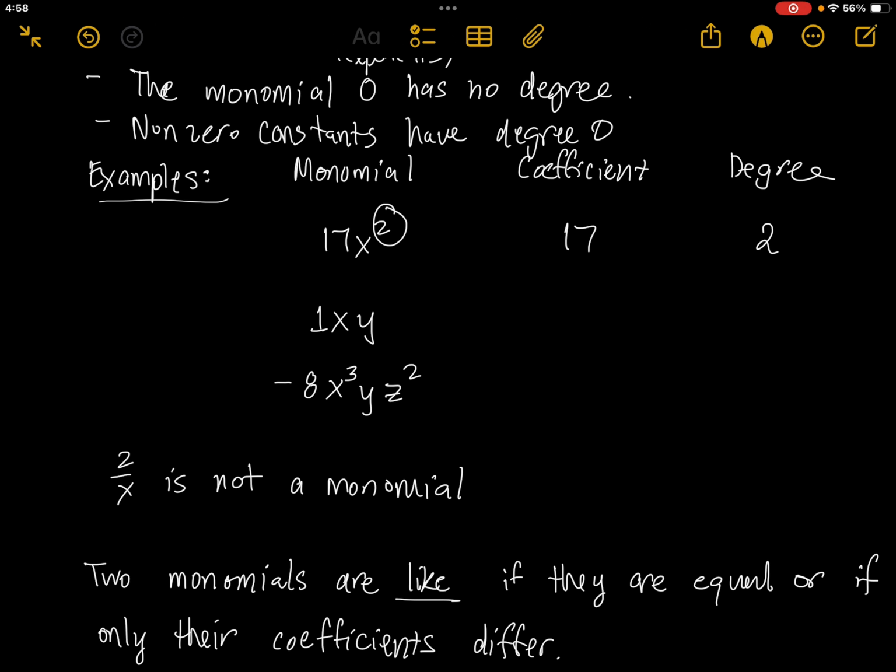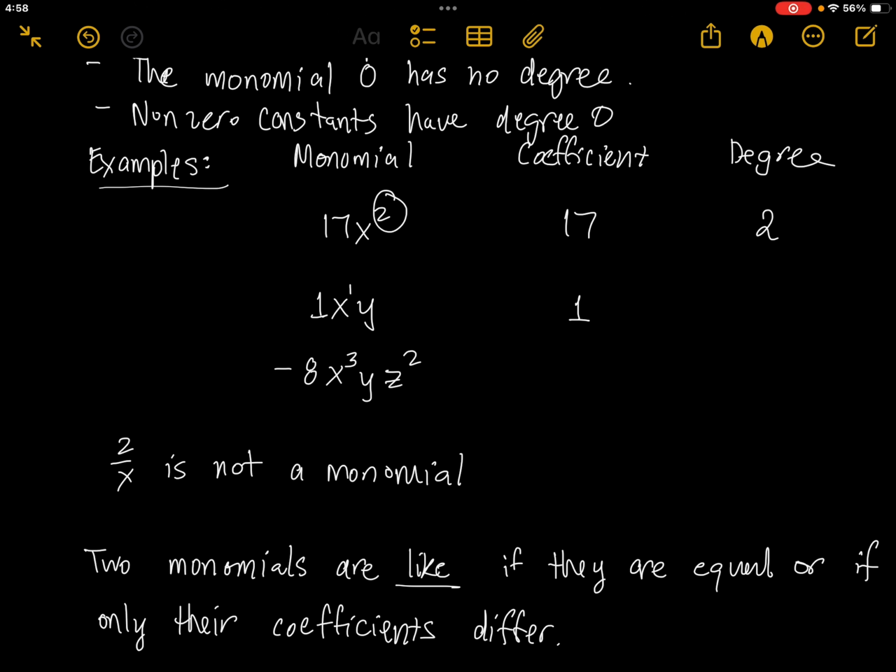What's the degree of this monomial? Remember, it's the sum of the powers of the variables. x times y is x to the first power times y to the first power. I add those powers, 1 plus 1, and get 2. So this is also a degree 2 monomial.